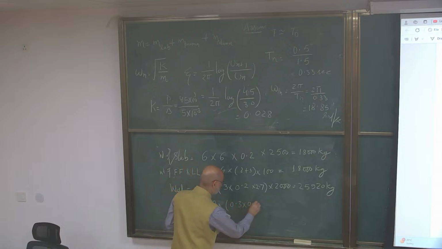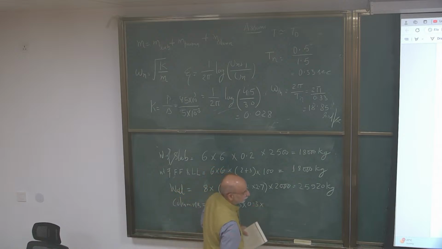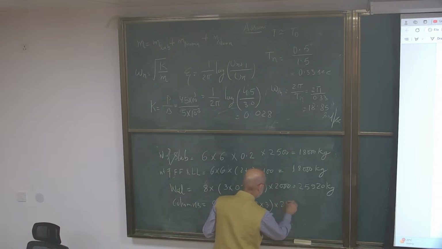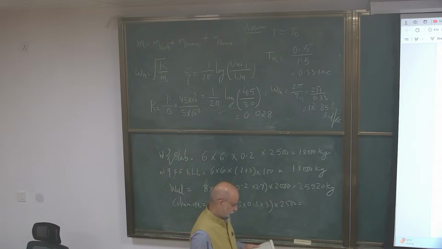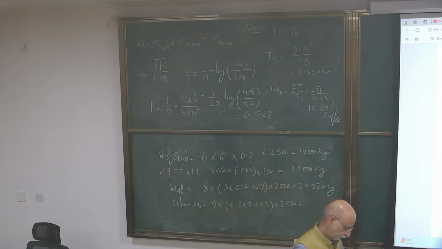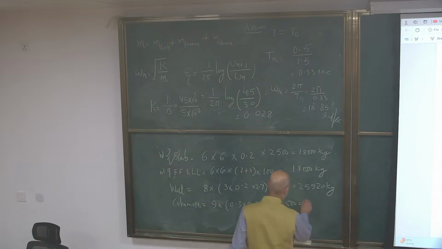Column is 3 by 3. Height is 3 meters. Density is known to you. That's all.